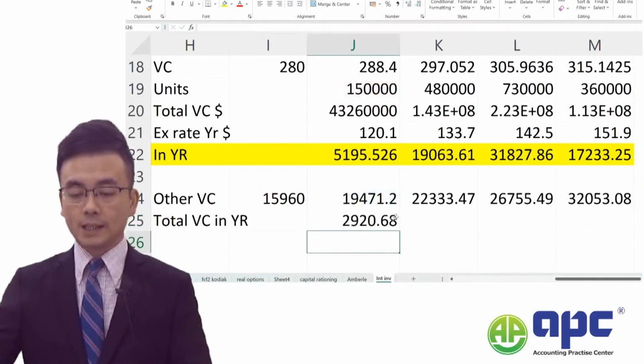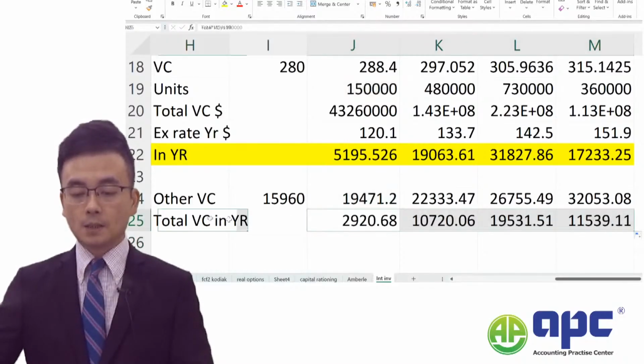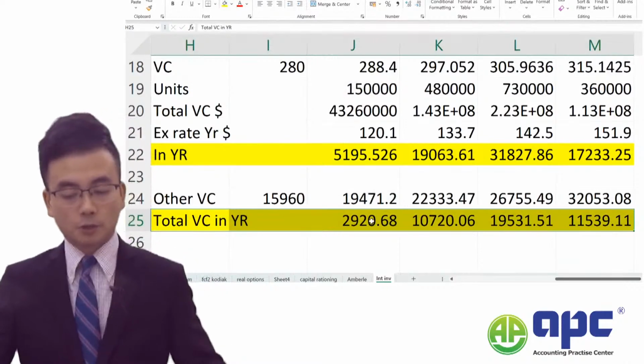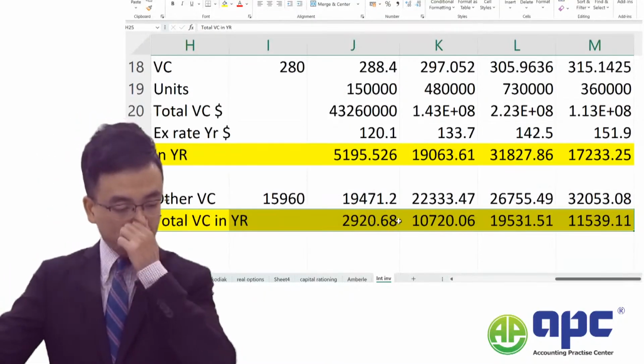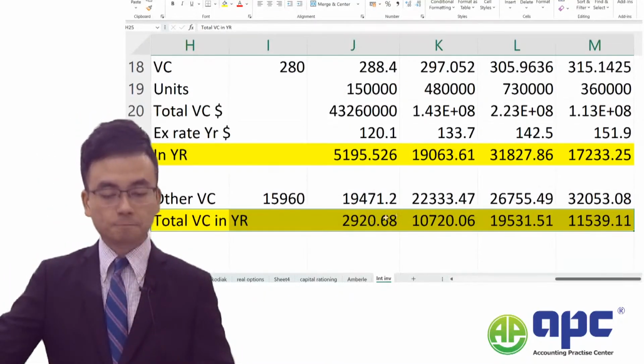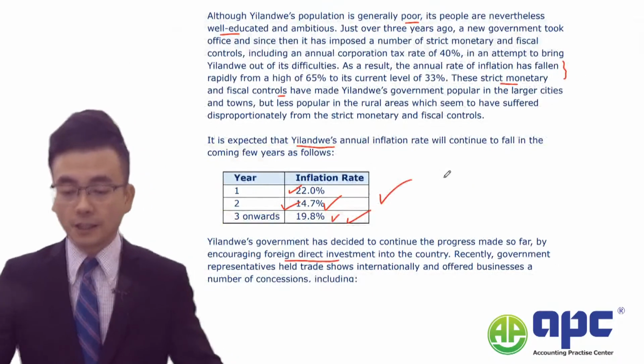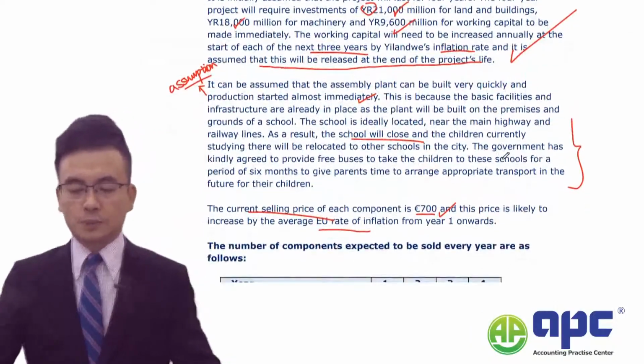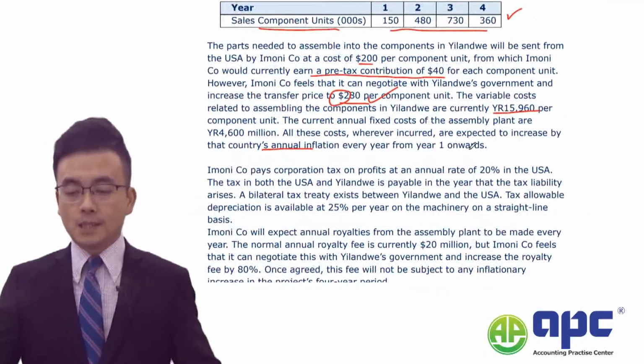We drag it here, and that will give me the total other variable costs here. Now how about the fixed costs? So you need to make that adjustment. Quite a lot of adjustments that you need to do.